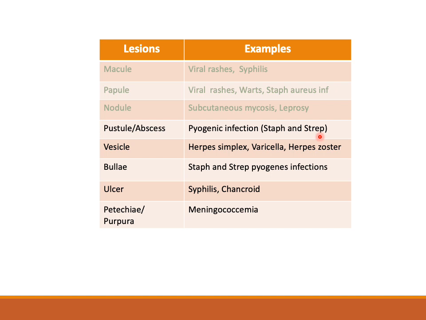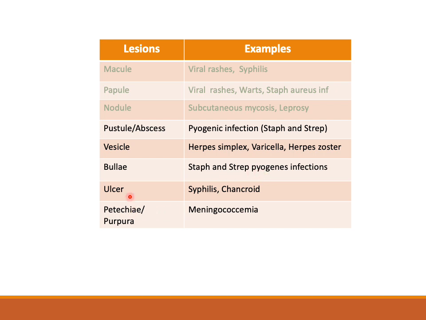Vesicle, a fluid-filled or blister-like lesion, is seen in many viral infections like herpes simplex, herpes zoster, varicella or chickenpox. We will mention the type of skin lesion as we go into the discussion of individual organisms. Bullae, bigger than a vesicle, are also seen in staphylococcal and streptococcal infections.